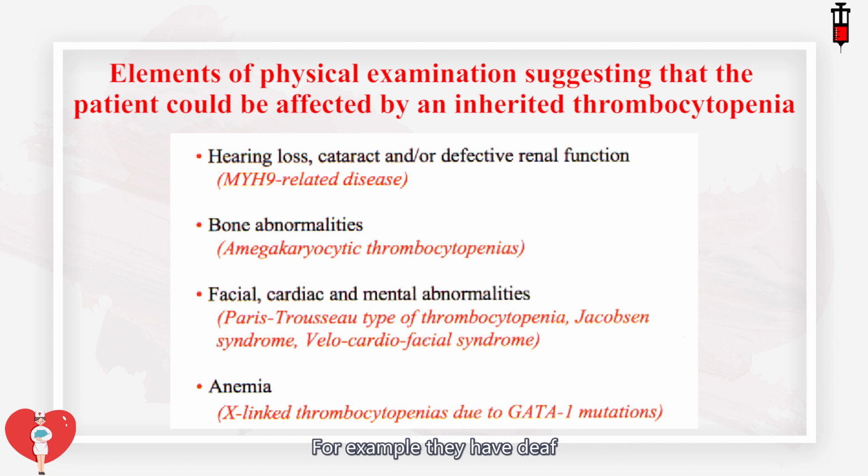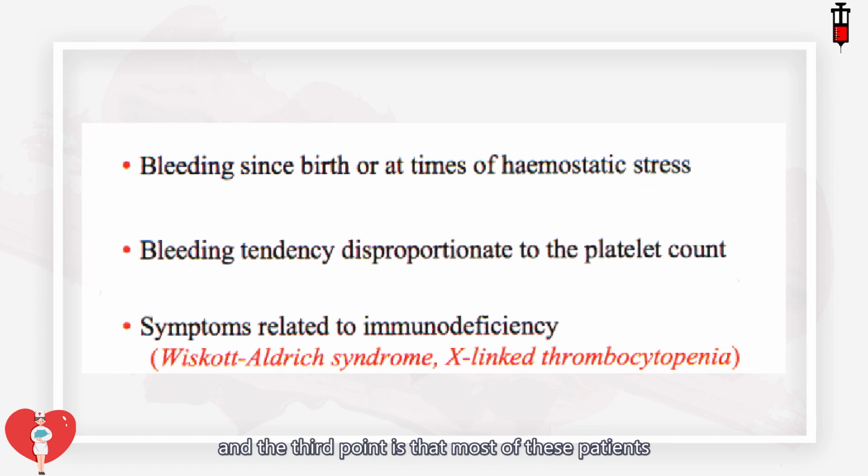For example, they have deafness, deficiency in renal function, and maldevelopment of the joints or bones. The third point is that most of these patients have had thrombocytopenia since birth, so they have a long history of thrombocytopenia.